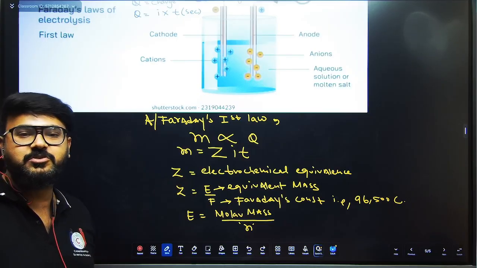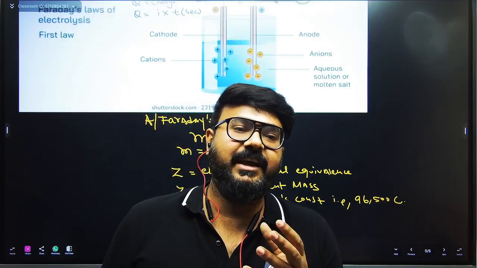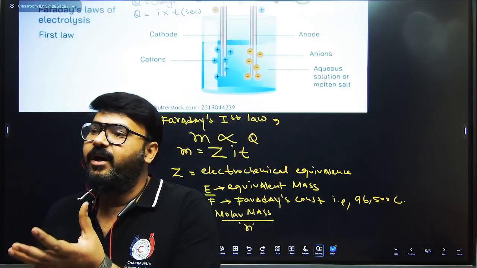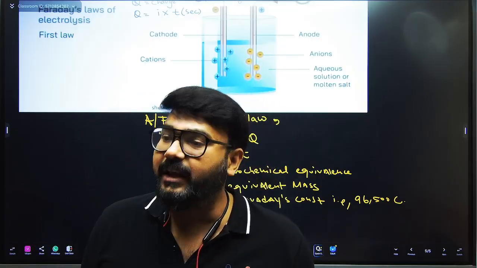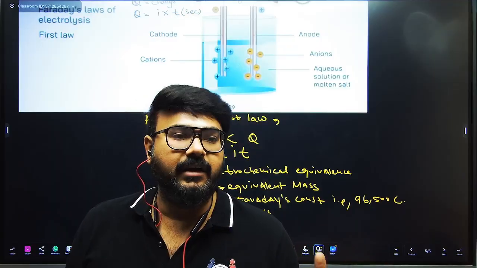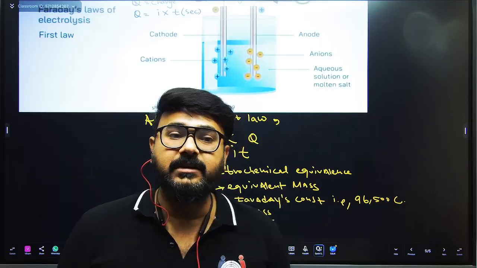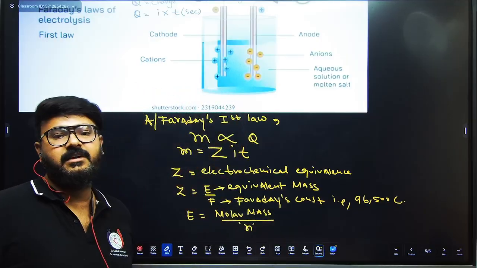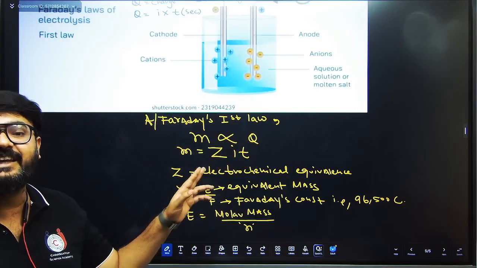So did you all understand Faraday's first law? It says that the amount of mass deposited at an electrode, or the gas liberated at an electrode, is going to be proportional to the charge you pass. So M is directly proportional to the charge, and charge is It.